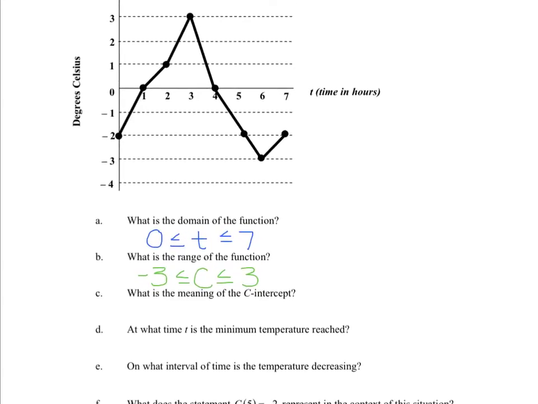Next question, what is the meaning of the c-intercept? The c-intercept is where it crosses the c-axis, which is our degrees. So our c-intercept is -2. And that's going to be at time 0. So the meaning of the c-intercept is the temperature when the power first went off.